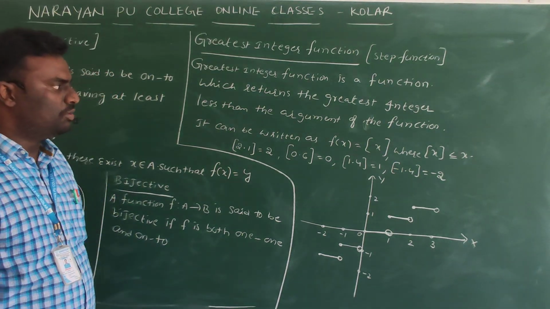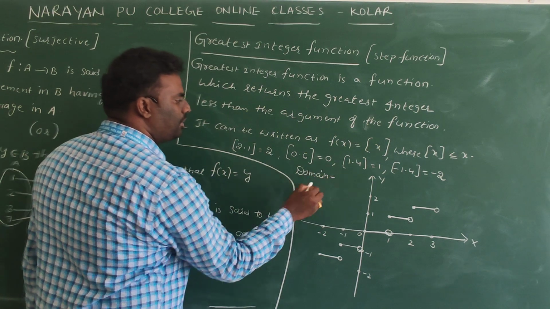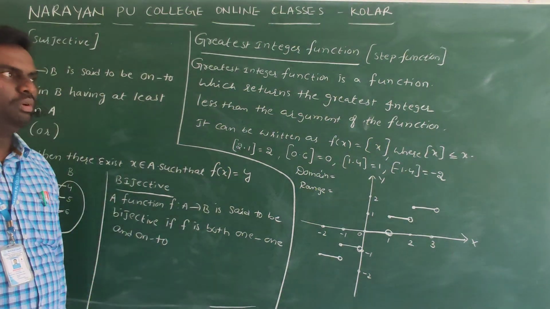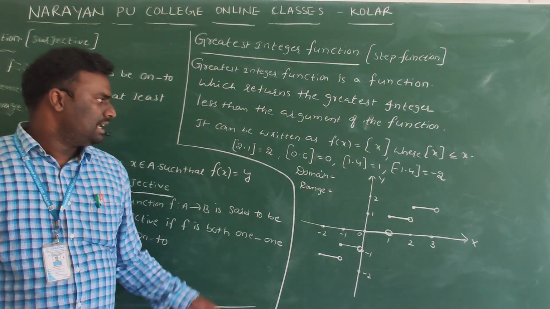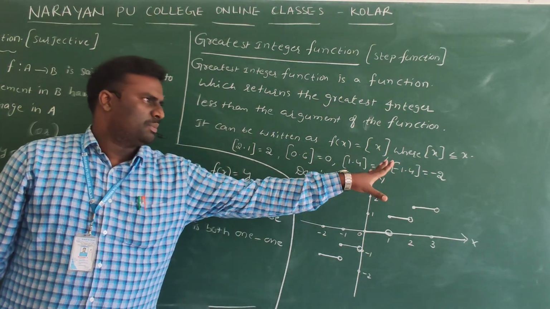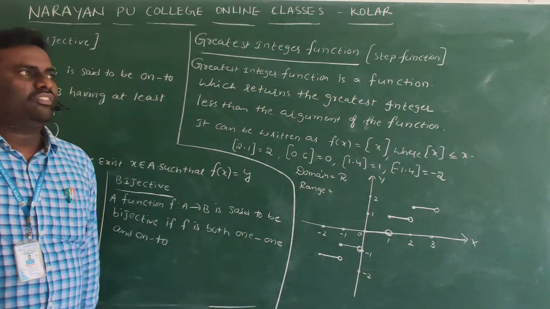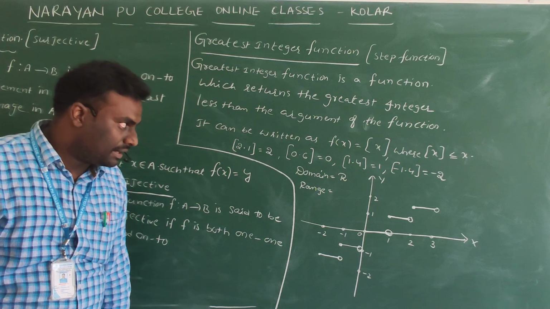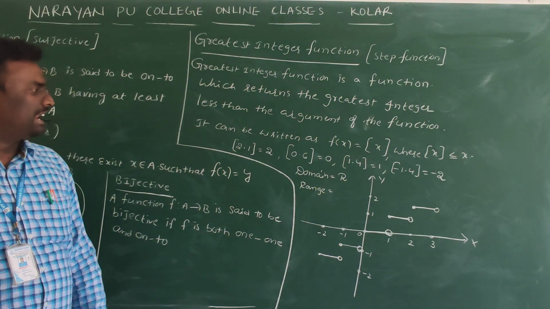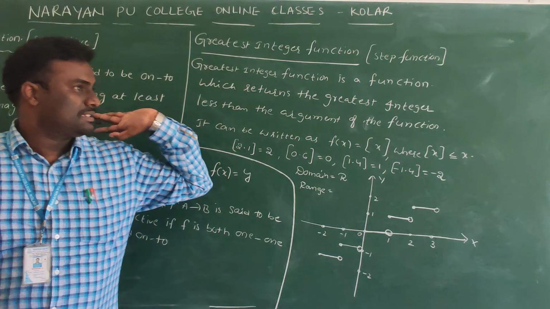Now we will discuss what is domain and what about range. Domain is nothing but what is the input we are giving. See, here I took 2.1, 0.6, 1.4, minus 1.4. You can give any real number. That's why the domain of this function is capital R. But you observe the output, in the sense range. These outputs are not having decimals.